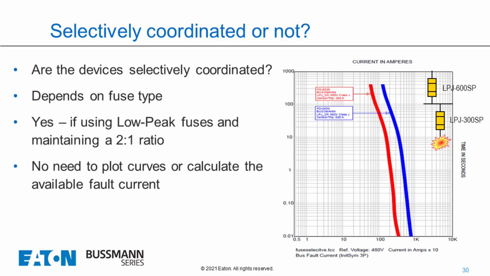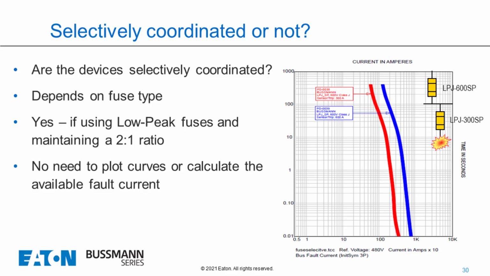So I no longer have to do the available fault current. All I have to do is make sure that my ratio is at least 2-to-1. So for instance, give me an example. If the red fuse is a 30 amp fuse and the blue fuse is a 60 amp fuse, well, 2 times 30 is 60. I have a 2-to-1 ratio right there. They will be selectively coordinated across the board for all currents, all times.